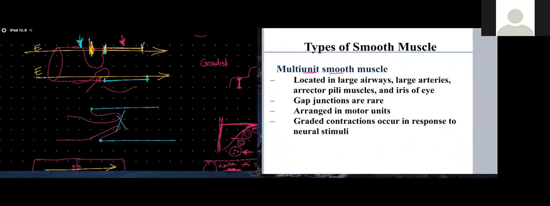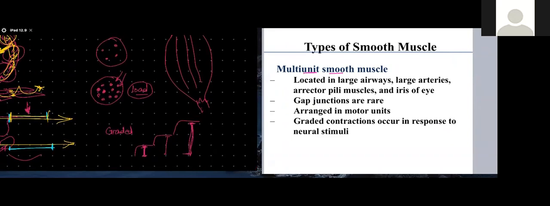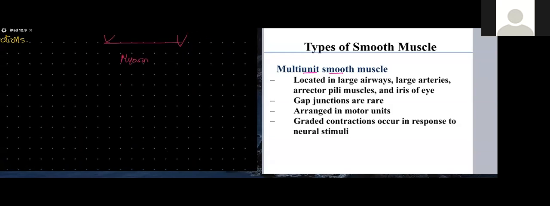Compared to a multi-unit, it's not essential for all the muscle cells to contract at the same time. You won't be contracting all the muscle cells located in the organ, but you're going to be contracting only some of them according to your needs. So it's not all or none, it's a graded muscle contraction.